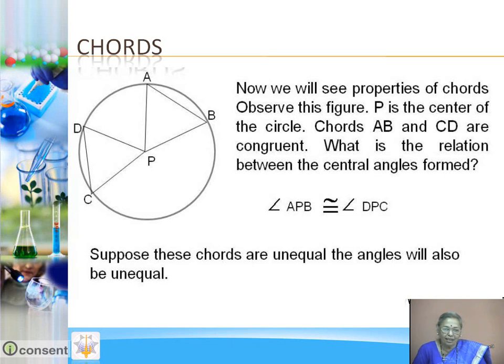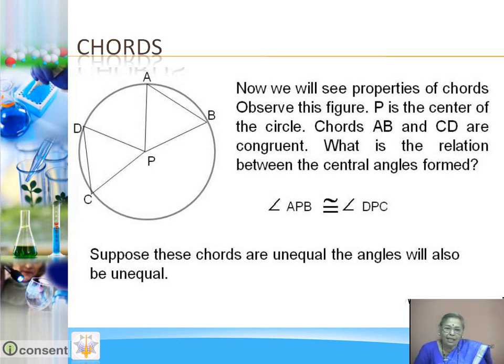These 2 chords are equal in length. Now measure the central angles formed by them. You will see that both angles formed by congruent chords at the center are equal. That is why we can say the property that the 2 congruent chords form equal central angles.